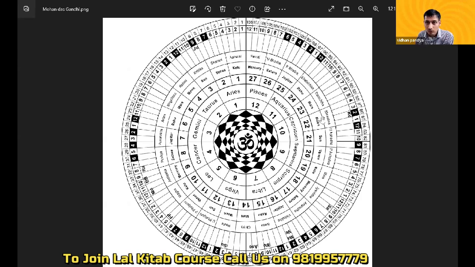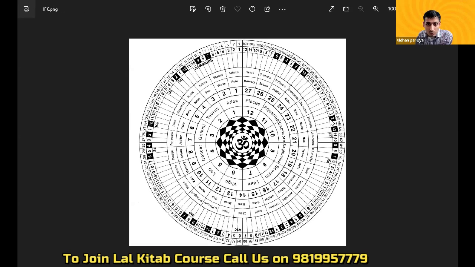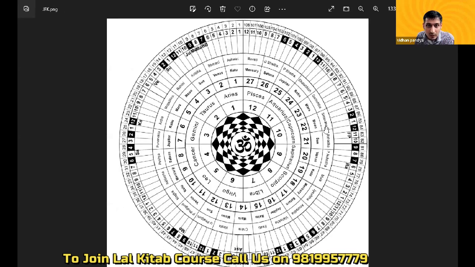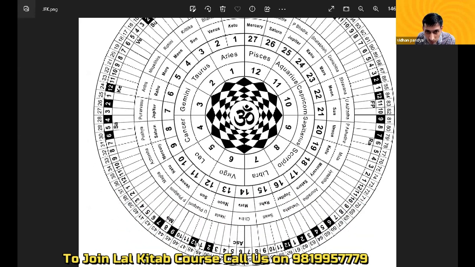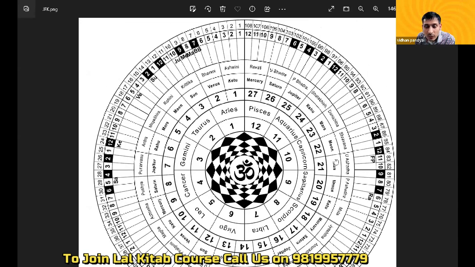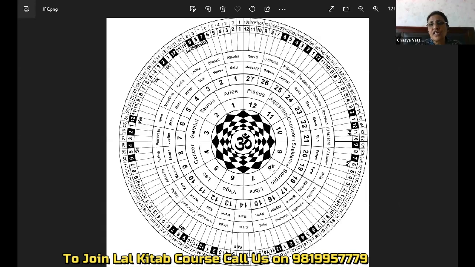Let's see. In JFK's chart, John F. Kennedy's chart, we have Mercury 1, Sun 2, Ketu 3. Yeah, 3 planets in Pushkar Navamsa. So this shows the overall chart is good.